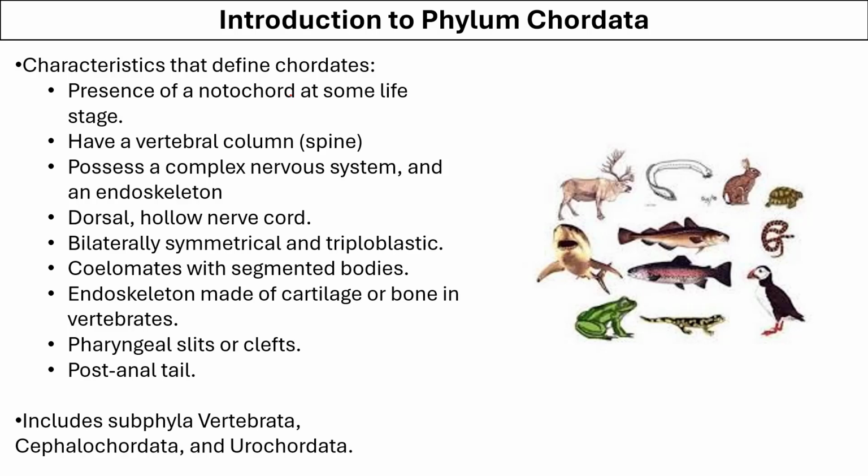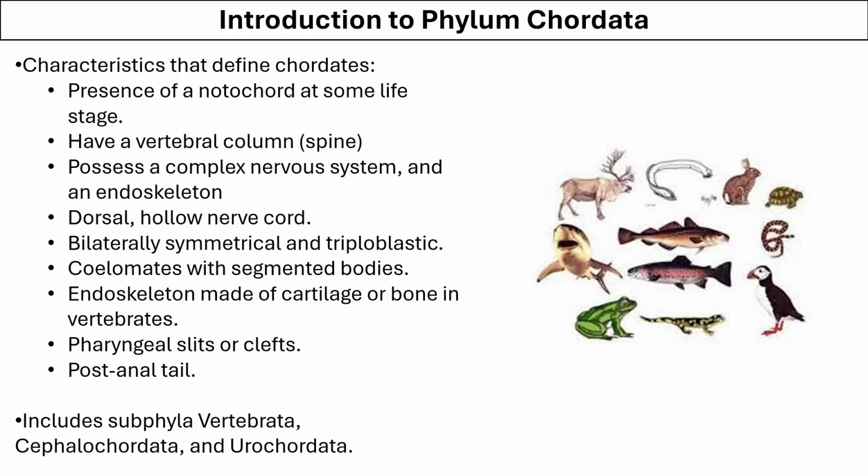They are coelomates, they have a body cavity inside their body, and their body is segmented inside, and they have an endoskeleton made up of cartilages and bones. They have pharyngeal slits or clefts, and they may also possess a post-anal tail, which can be very rudimentary as you see in human beings.